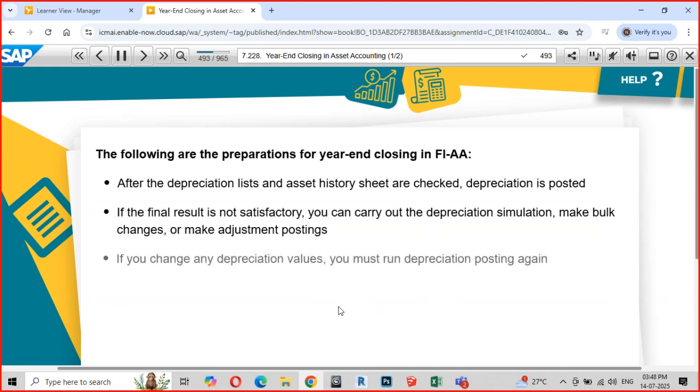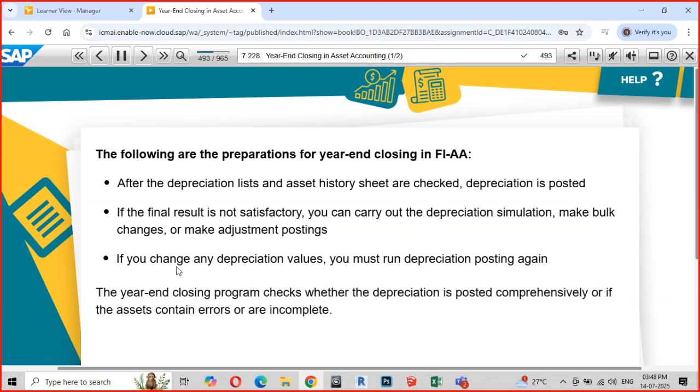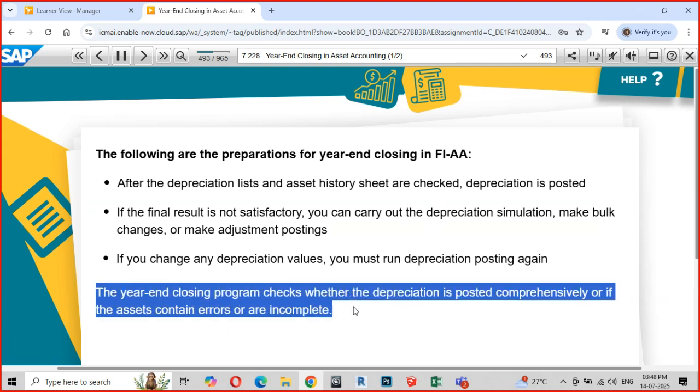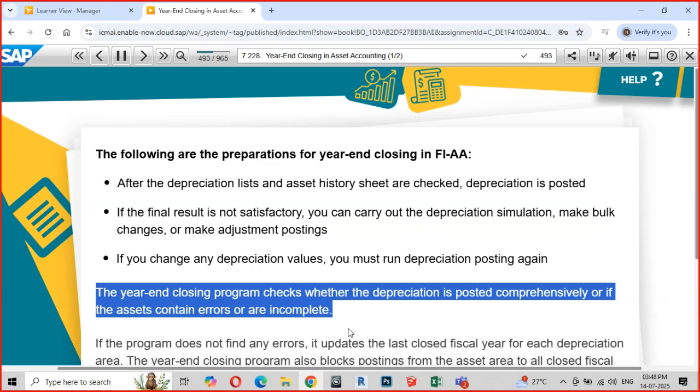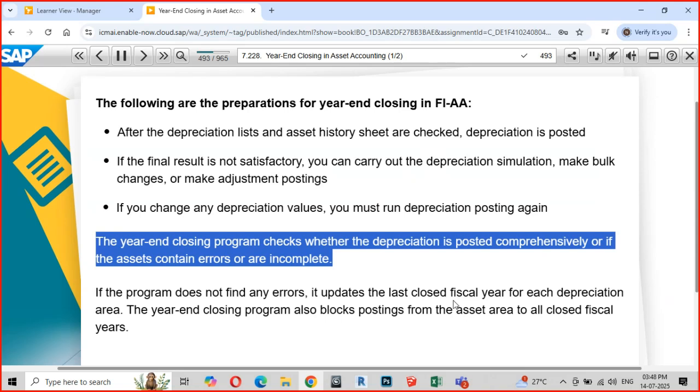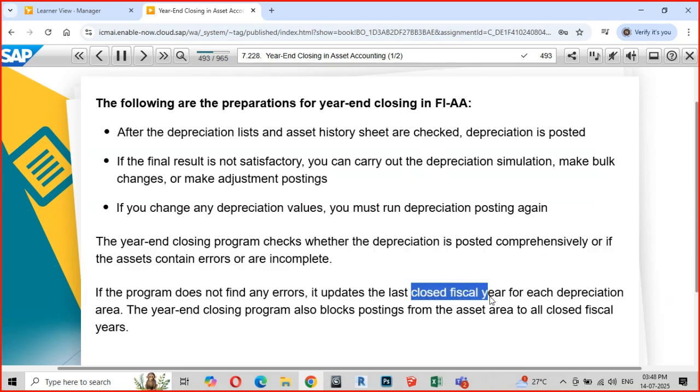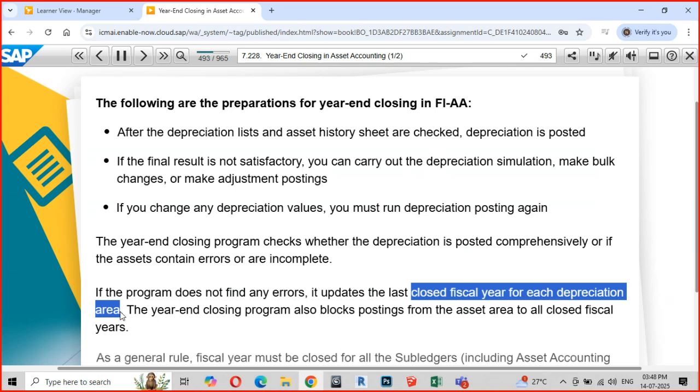After you're satisfied with the year-end closing, you must close the financial year for your asset accounting.